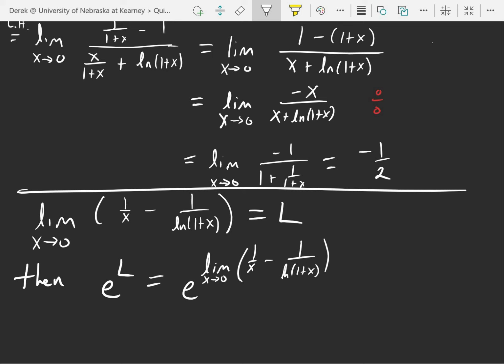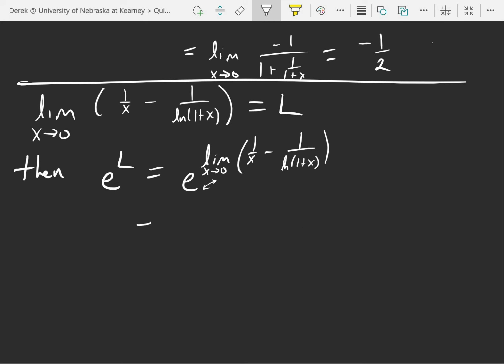There we go. And now e is a continuous function, and continuous functions and limits work nicely with each other. So I can take this and say it's the limit as x goes to 0 of e to this stuff.